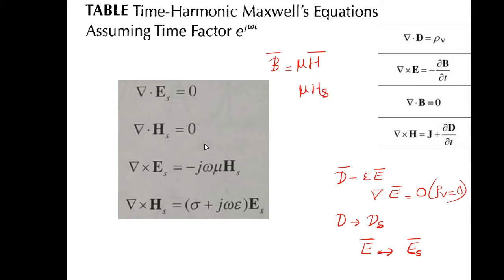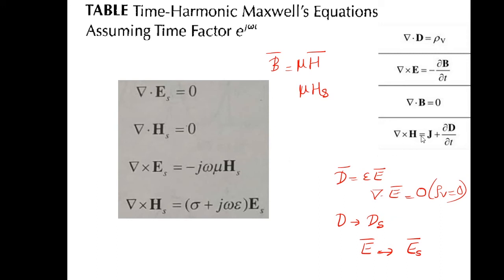So minus j omega into mu H_s. The derivative component is replaced with the function j omega. This is the use: minus ∂/∂t is replaced by minus j omega. So curl E_s is minus j omega mu H_s.